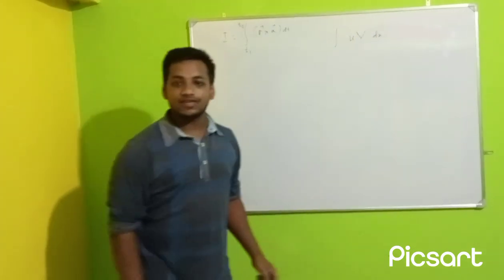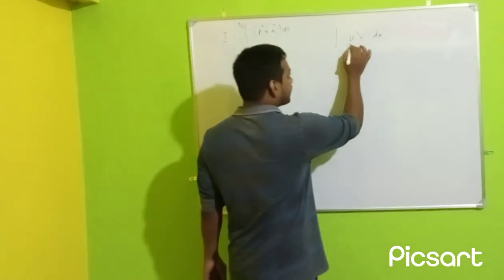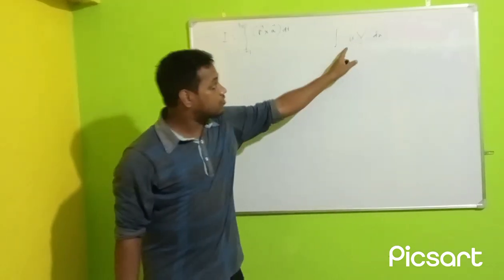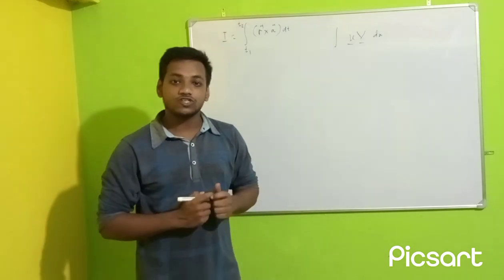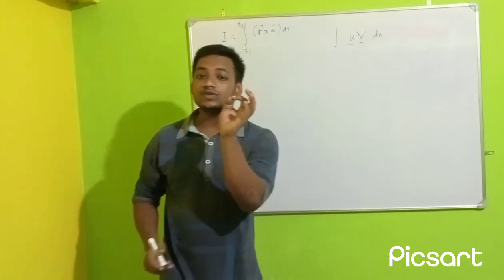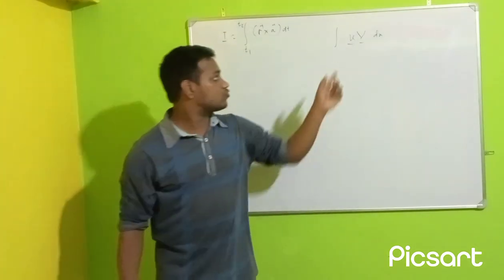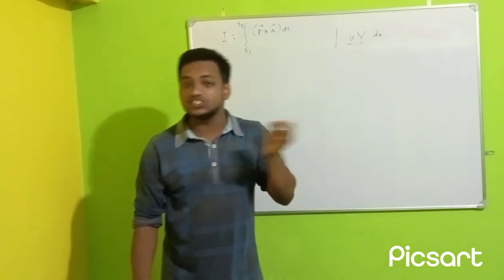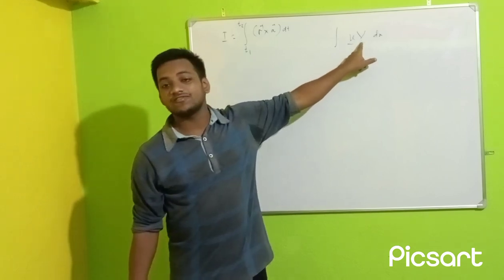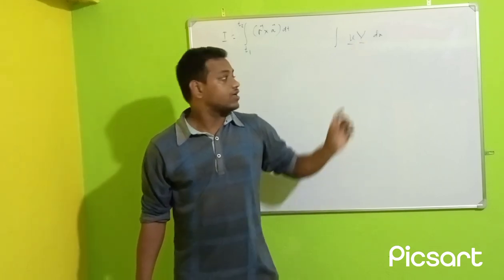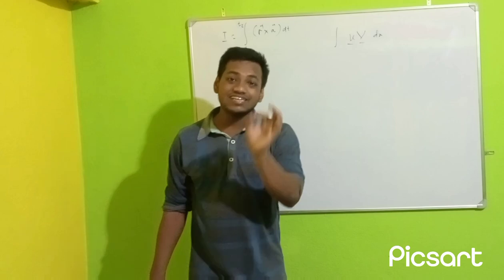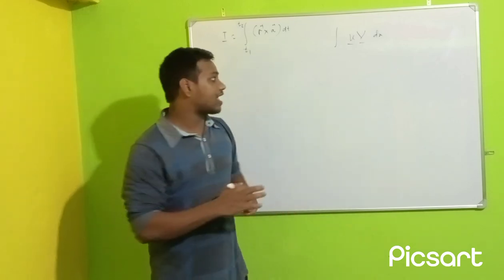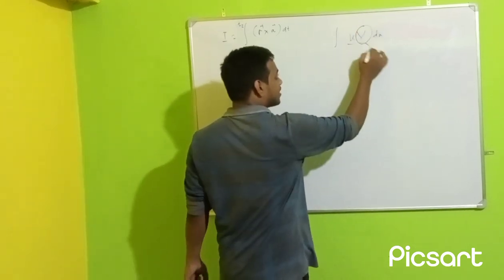So integration by parts says, if you have two functions, one of which you want to integrate easily. I mean, of u and v, you could integrate one function easily. Suppose I could integrate v easily, then I will take it as my second function.